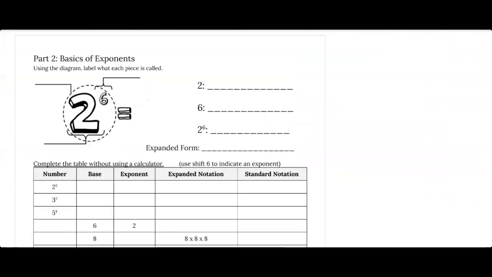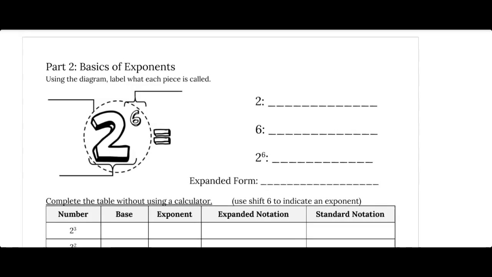Now let's look at part 2. The basics of exponents. So we have this diagram here, 2 raised to the 6th power, and we're going to name all of the parts. So the 2 is what we call the base.